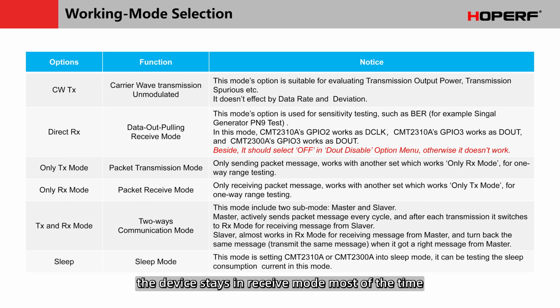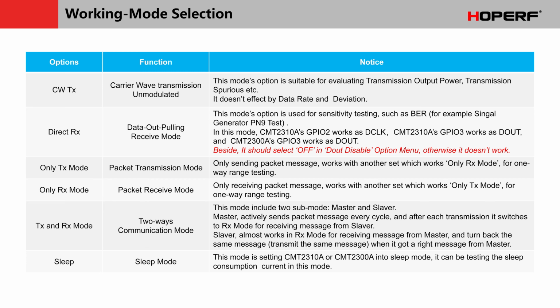In slave mode, the device stays in receive mode most of the time. When it gets a valid packet from the master, it switches to transmit mode and sends that same packet back. This back and forth, or ping-pong, communication tests the performance of the bidirectional link.